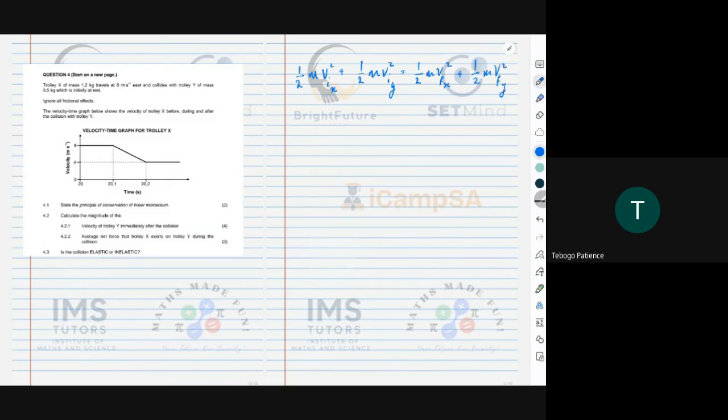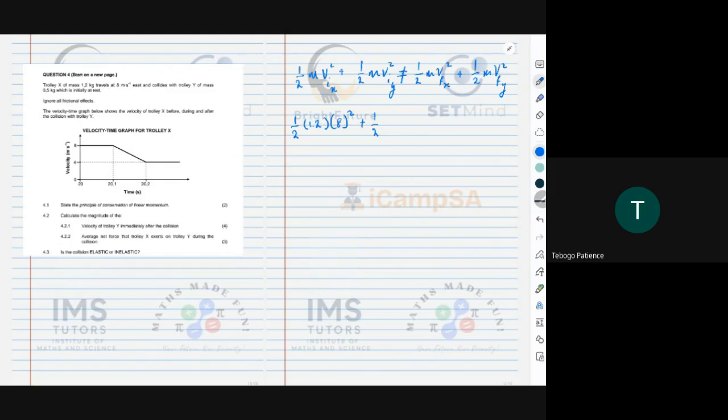Okay, so now let's substitute. This is trolley x, 1.2. Velocity is 8 squared plus 1 over 2.